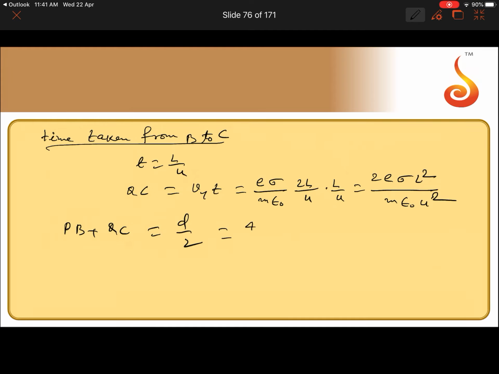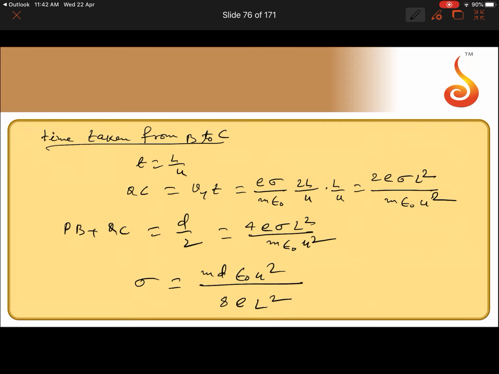So this will become 4 e sigma L square by m epsilon naught u square equals d by 2, so therefore sigma equals m d epsilon naught u square by 8 e L square.